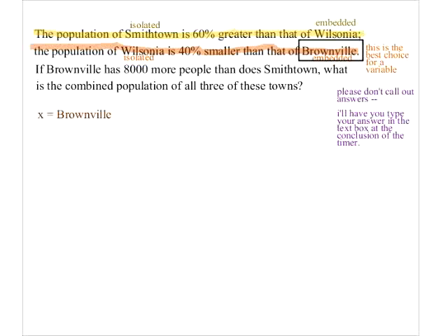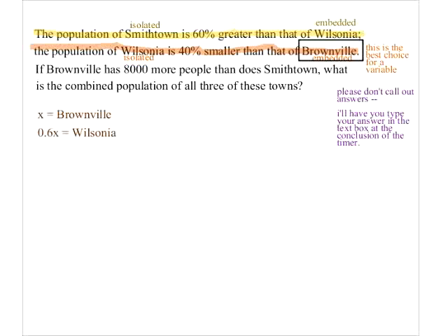In the text box, how do you do 40% smaller than? It is 60% of, so this is 0.6x. That's Wilsonia. You don't want to do times 0.4 because that's 40% of. You want to multiply by 0.6. If you have trouble with that, you can look at our FDP guide.